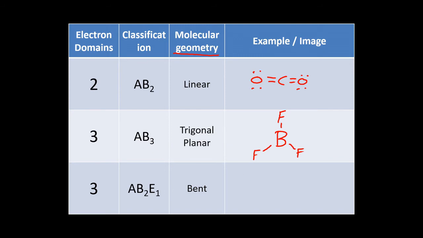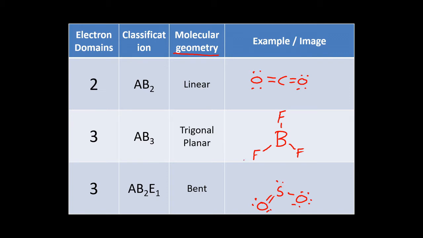So down here for the next one, for example, AB2E1, if we have 3 things attached to the central atom, 2 of them are bonds, and 1 of them is a lone pair. Sulfur dioxide is an example of that. It has 2 bonding groups and 1 lone pair.